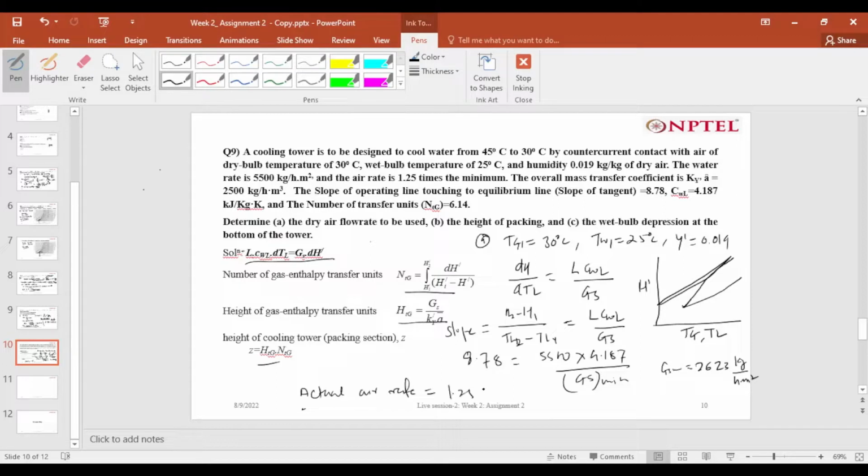So 1.25 into 623, in kg per meter square per hour. Now this part is done.